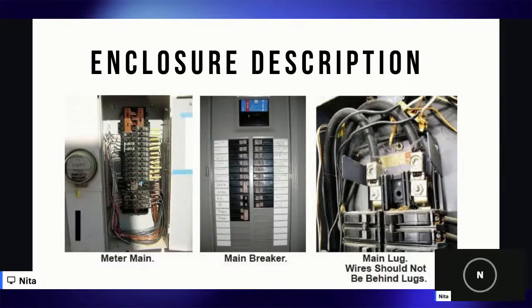Maybe you might even see these in Texas too. What we are looking at in these examples is the main breaker enclosure type. Yeah, we get both. That's a good example. Thanks. What else?